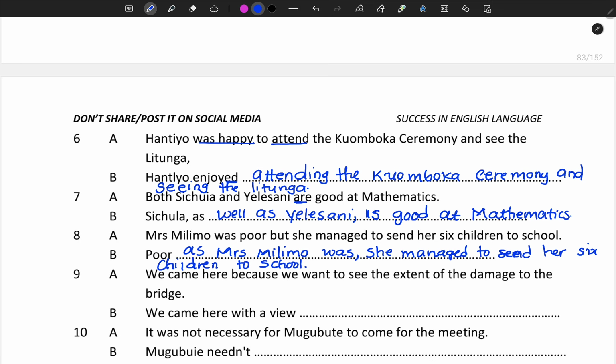Okay, so we move on to question 9. We came here because we want to see the extent of the damage to the bridge. Begin. We came here with a view. So here we need to look at how do we write with a view.